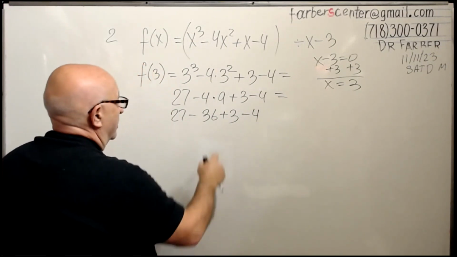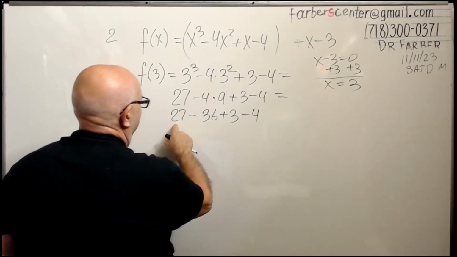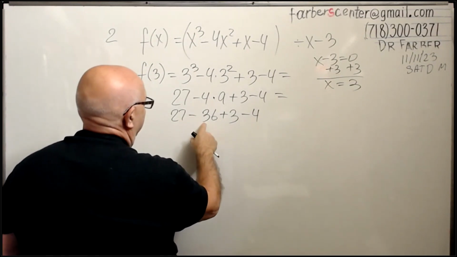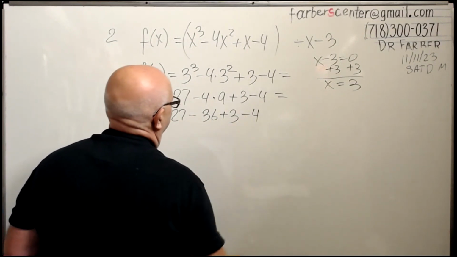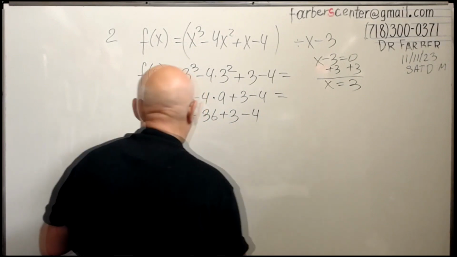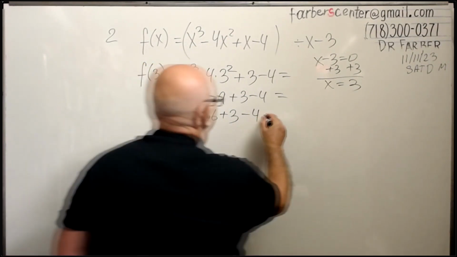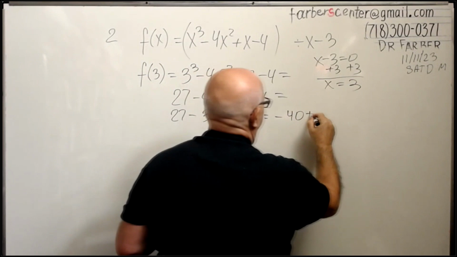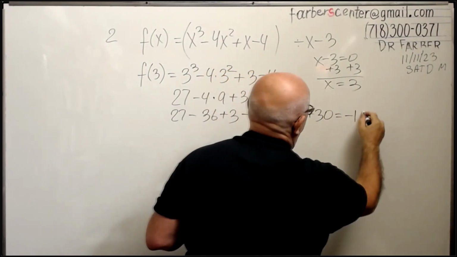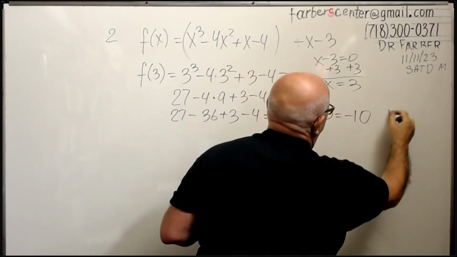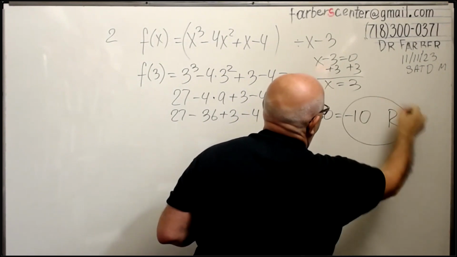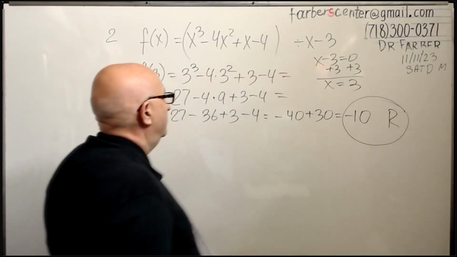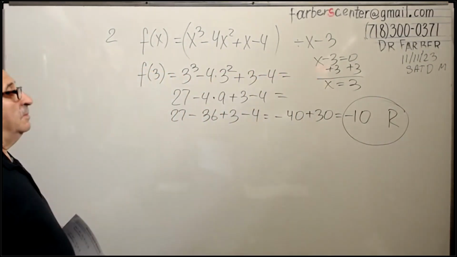So 27 plus 3 is 30. Negative 36 minus 4 is negative 40, right? Negative 40 plus 30 equals negative 10. So this is my remainder, negative 10. Instead of more work, you just plug in numbers.